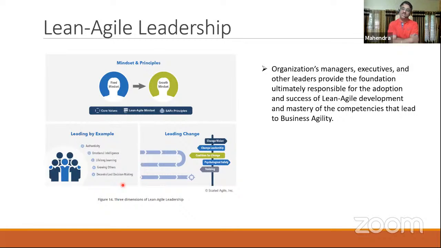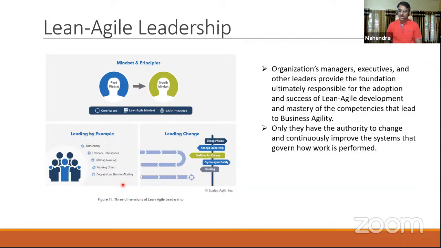Having the leaders, executives and managers understand lean and agile concepts is paramount for any transformation, because it is only they who have the authority to change and continuously improve. In fact, there's a quote from our management guru, I forgot the name: the employees are already doing what they do best. It is only the leaders who have to change.